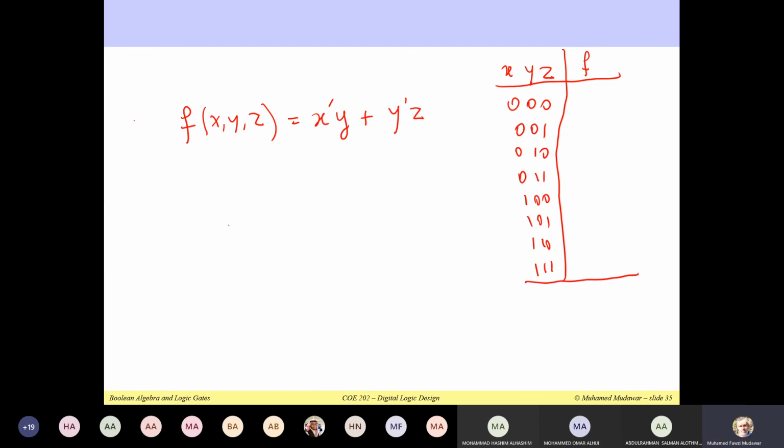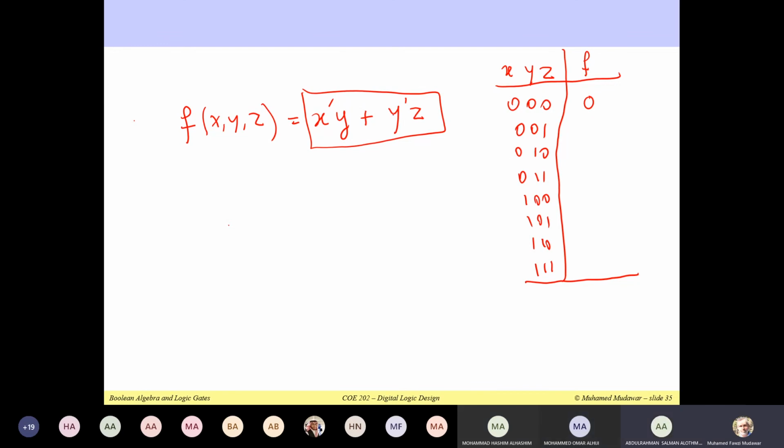So what's the value of the function f when x, y, z equal to 0, 0, 0? Evaluate. 0, right? 0. Because y equal to 0 is equal to 0. We got 0. Next, 0, 0, 1. 1.